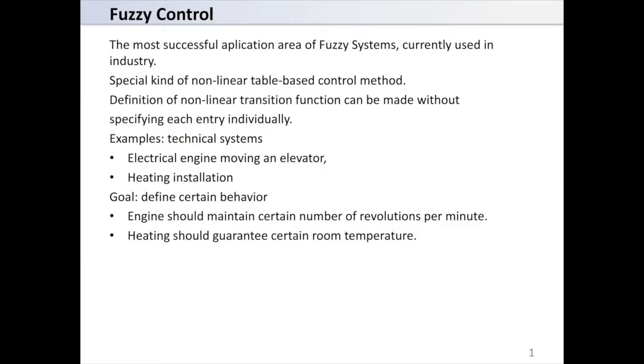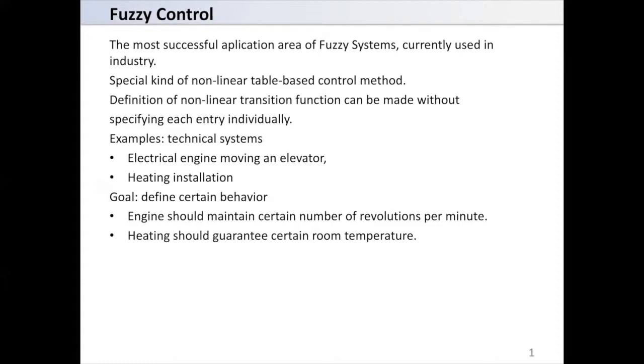Fuzzy control is the most successful application area of fuzzy systems, currently used in industry. It's a special kind of nonlinear table-based control method. Definition of the nonlinear transition function can be made without specifying each entry individually.